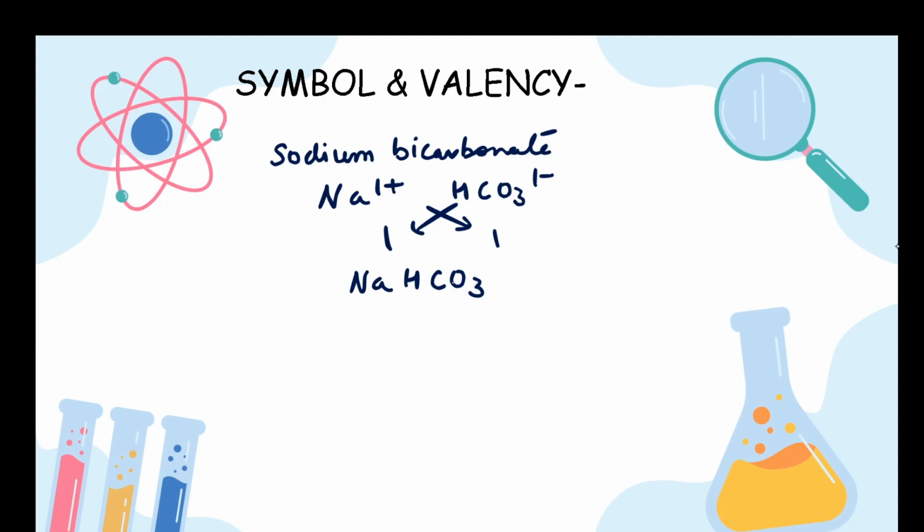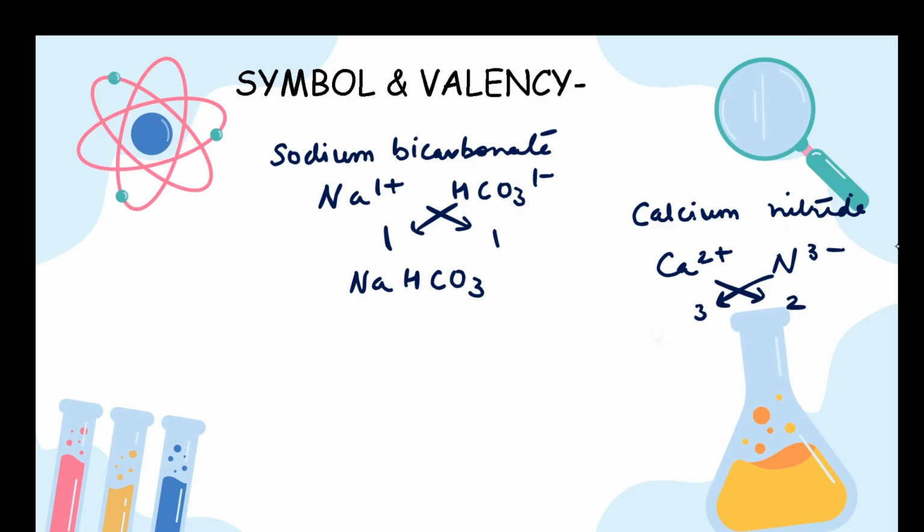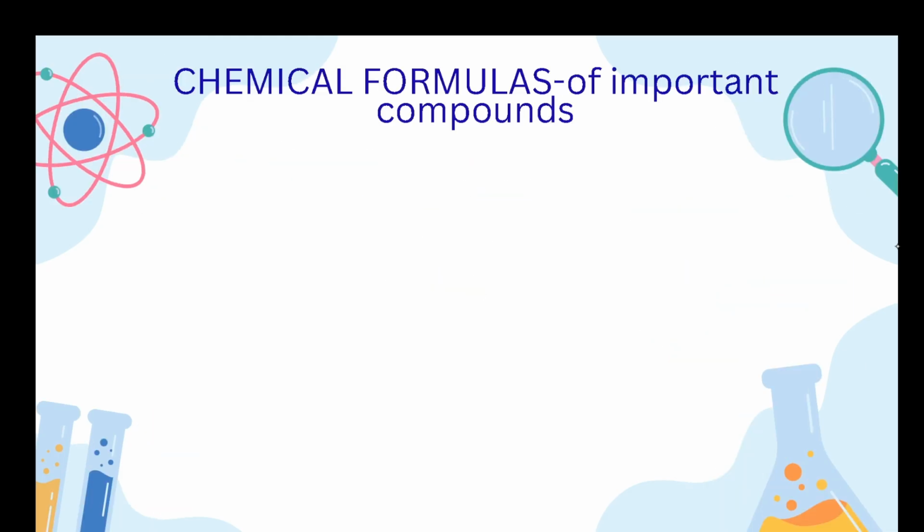Okay, if you have to write calcium nitride, now before I write, you try to quickly write the formula of calcium nitride. Calcium is Ca2 plus and nitride will be N3 minus. Okay, so what will be the formula? Interchanging the values, the formula becomes Ca3N2, calcium nitride. Okay, so learn the valency chart, then only start writing the chemical formulas.